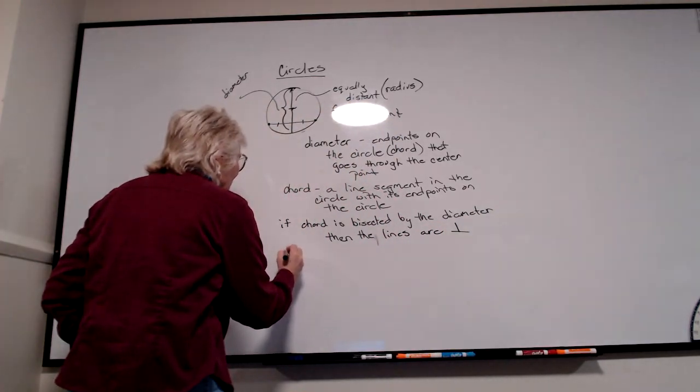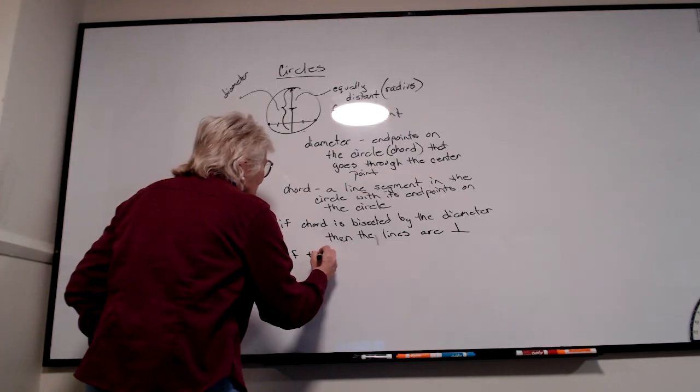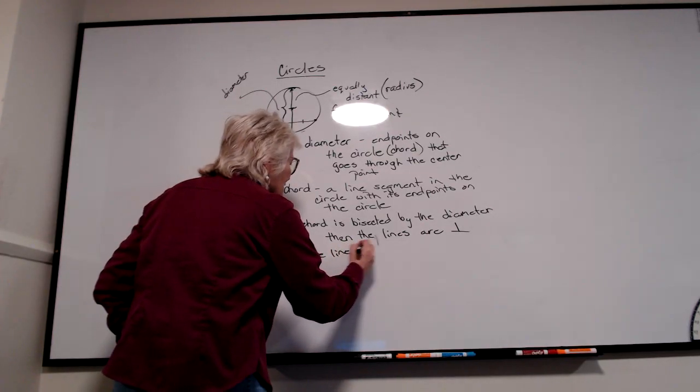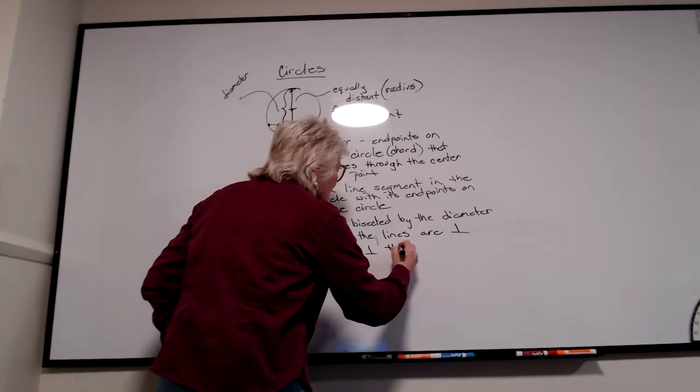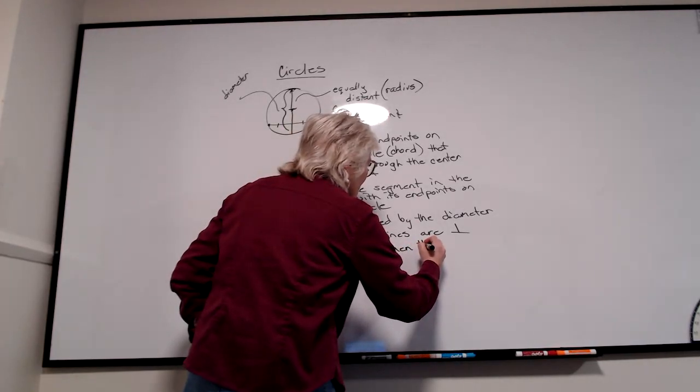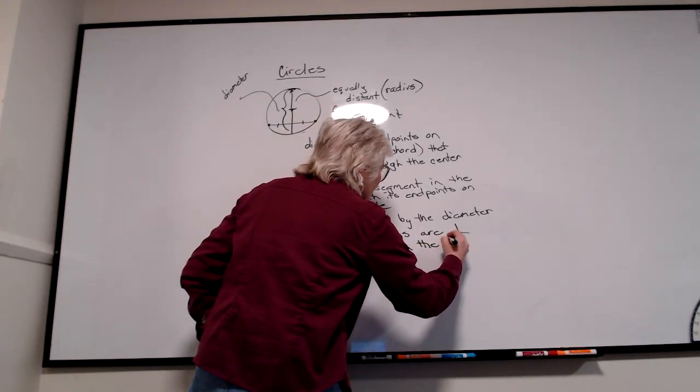Okay? If the lines are perpendicular, then the chord is bisected.